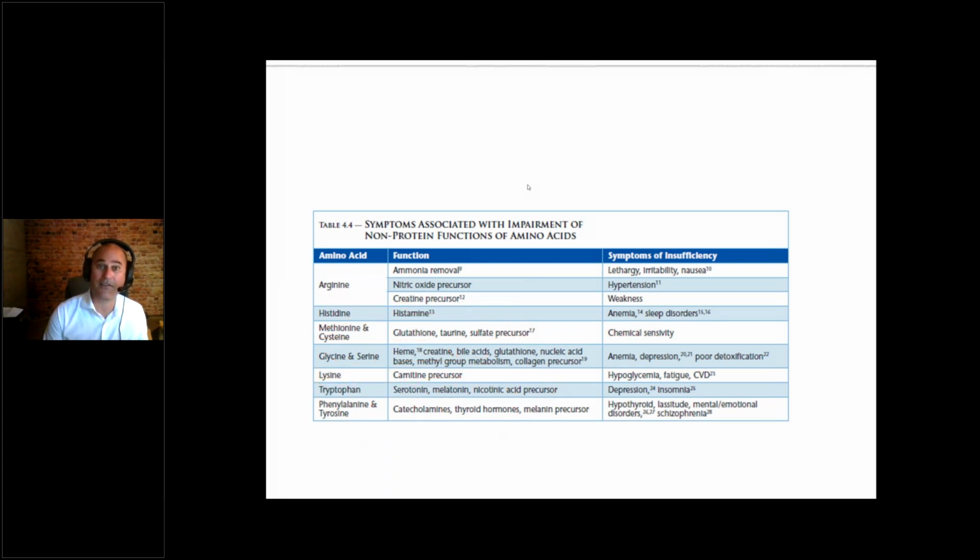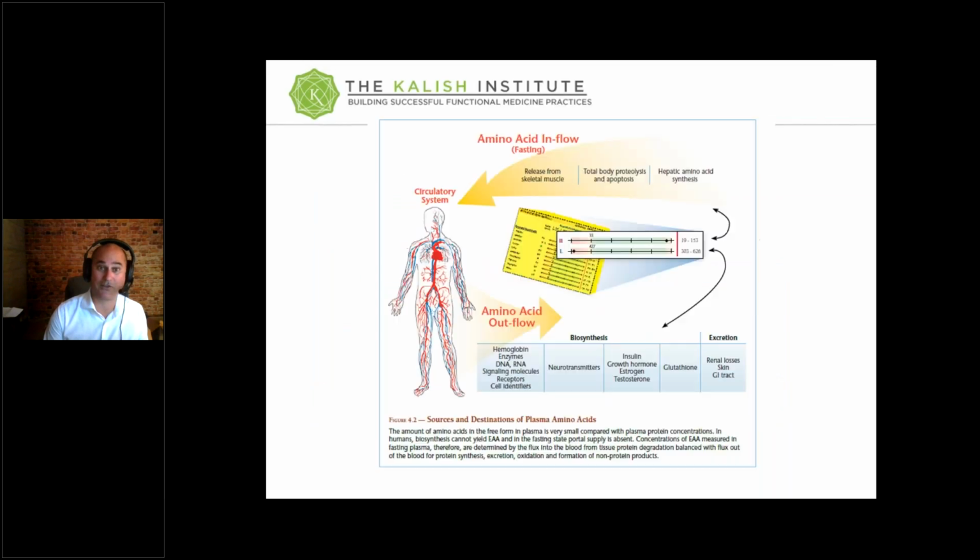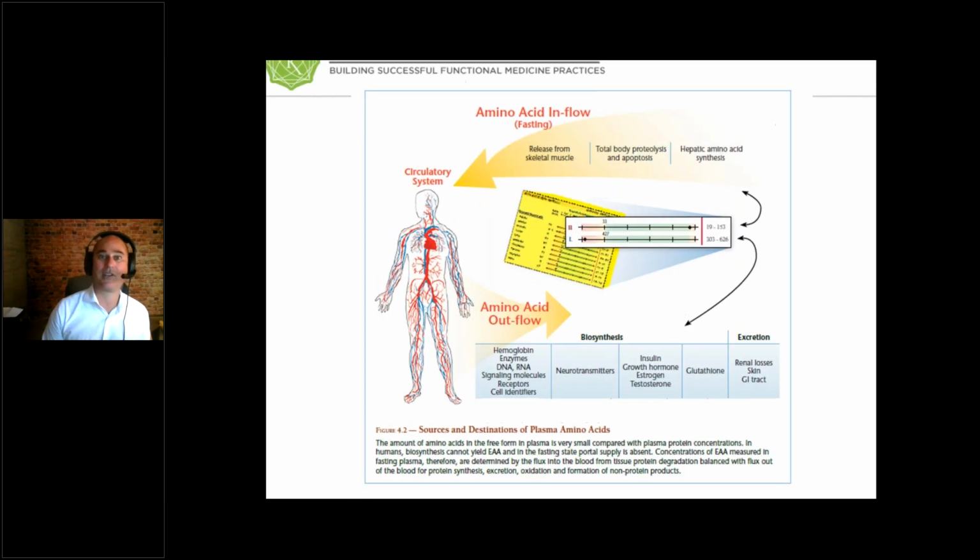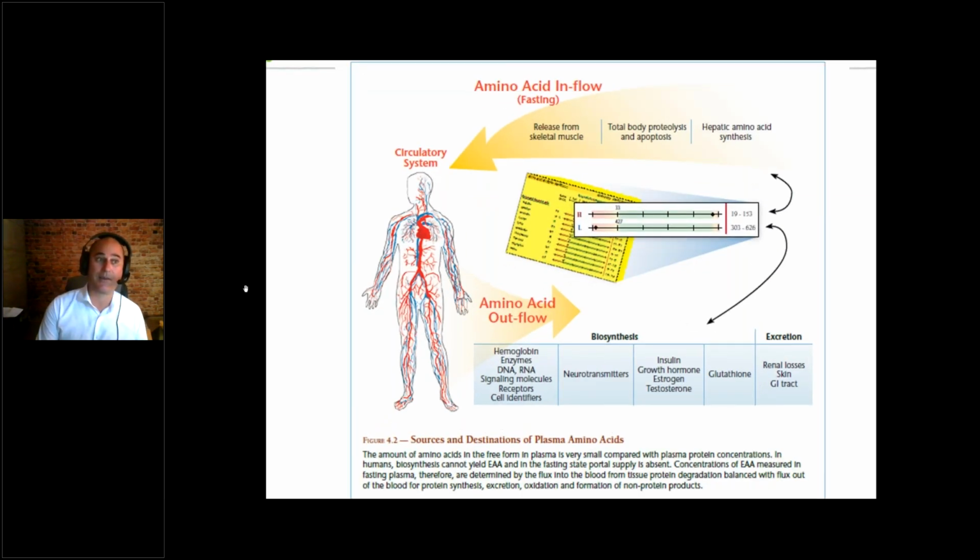Now, the punchline in all this, and we're going to look at it in a minute, is that you can measure amino acids. And when we're looking at these labs, we want to think big picture. We're going to see a bunch of labs in a minute. And what you want to think is, what does this lab tell me about the inflow of amino acids coming in and the outflow?